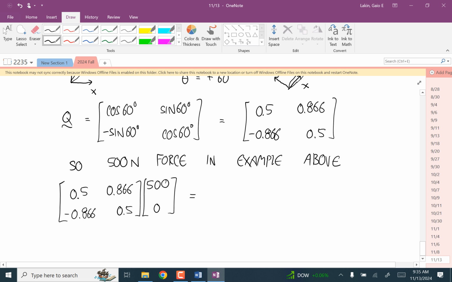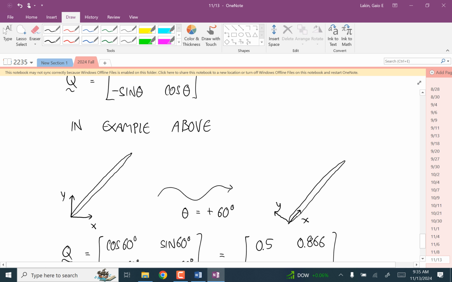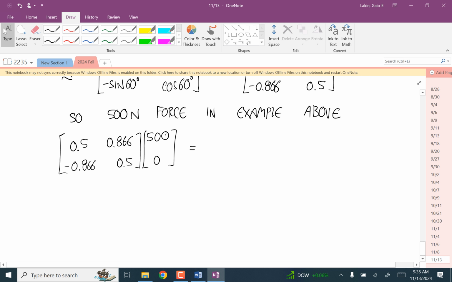And what is that? I got minus 476. Does that sound bad? That seems wrong. Oh, I'm in radians. Okay. Let's see. So that's just 250, negative 433.